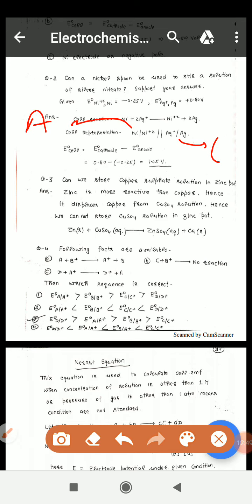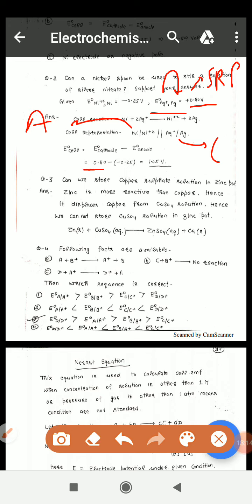So put the value of E naught cathode. Cathode means silver, and this is the SRP value given. How do we find out whether this is SRP or SOP? See, Ag plus is converted into Ag, meaning the charge decreases. Charge decreases means reduction, and this is the standard reduction potential given. So put this value, 0.80 volt.